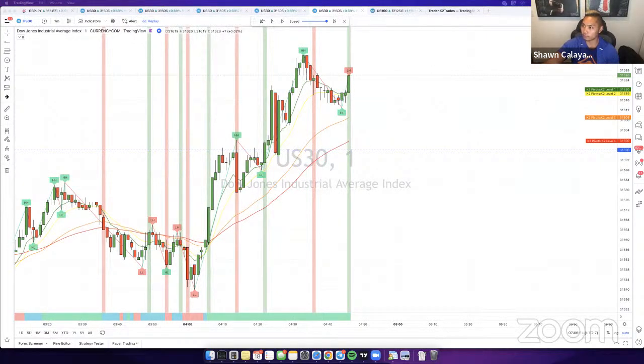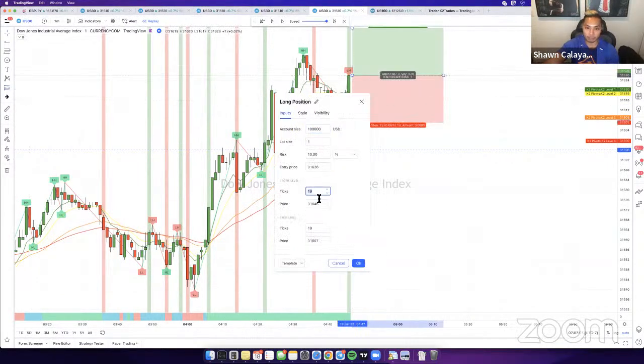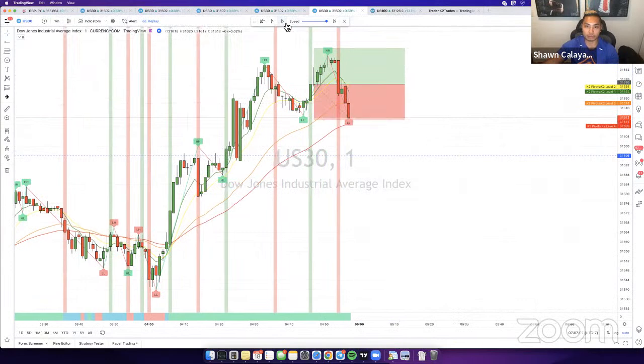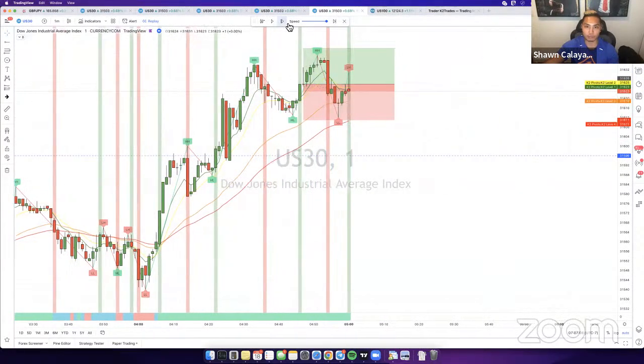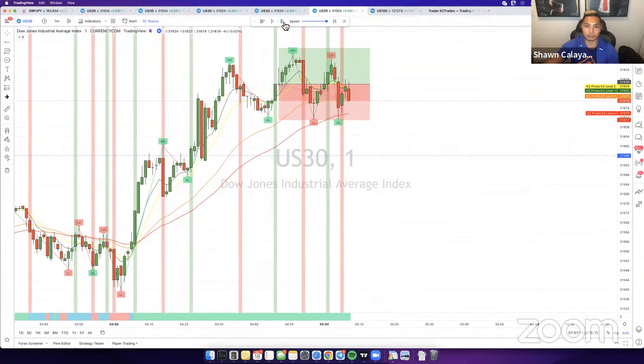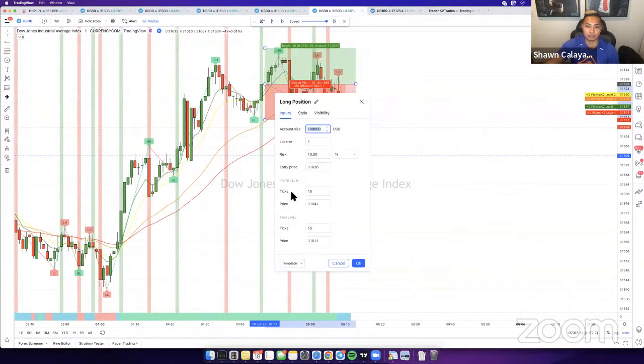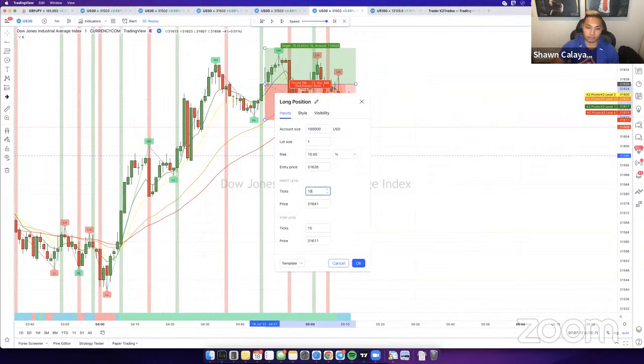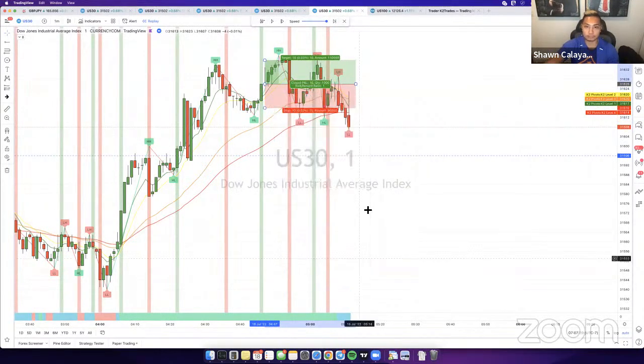I just need to figure out a way to get it to a 1-to-1. So I need to figure out the fixed TP and stop loss. For this, we might be able to just apply it with the 15-15. Or it might be too far. Yeah, I think it might be too far to have it at that. It might have to be something closer. I'd like to have it at 100, but I don't think we'll be able to cover the spread.